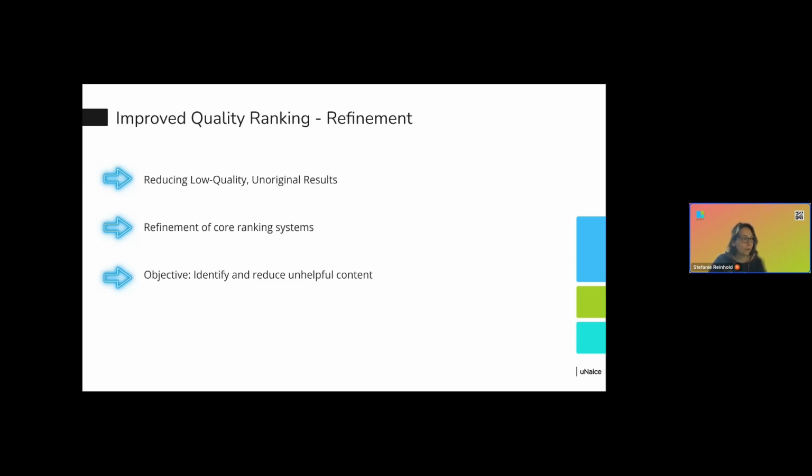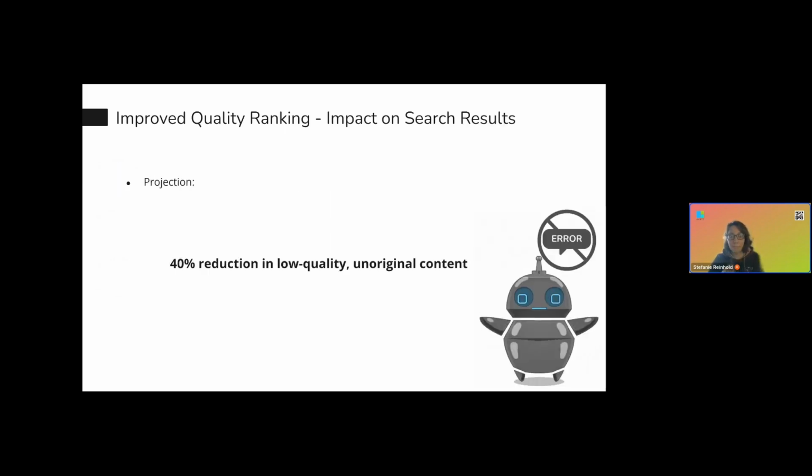All right. So, right, the impact. As a result of all these enhancements and refinements, Google anticipates a significant improvement in the quality of search results. That's what they said.